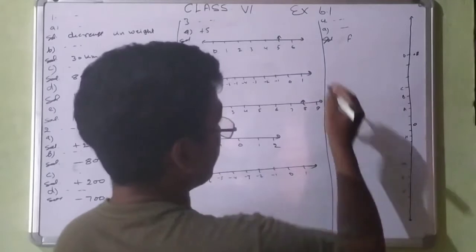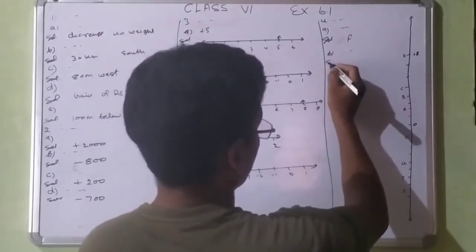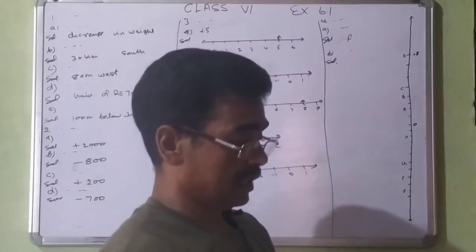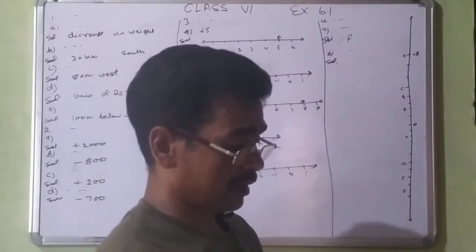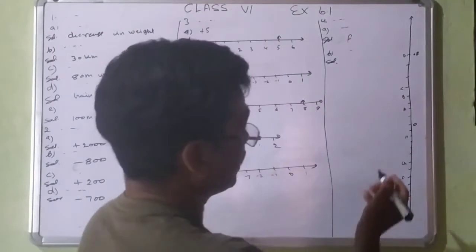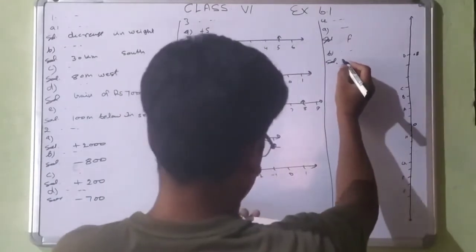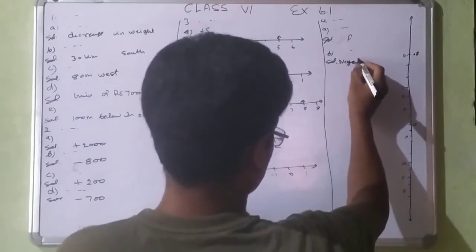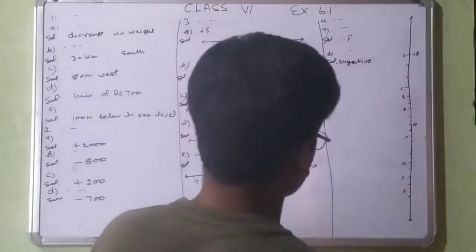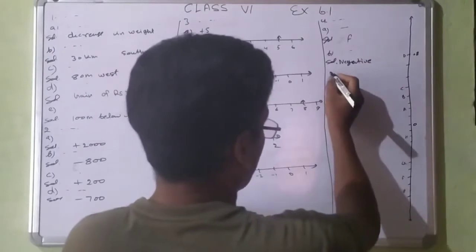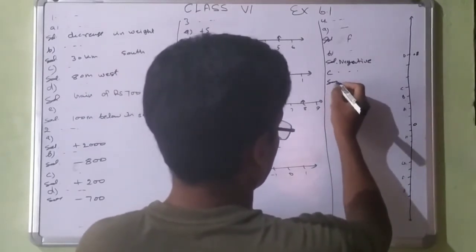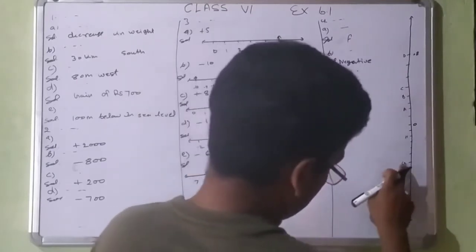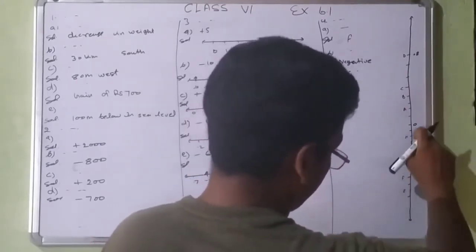B part: is point G a negative integer or a positive integer? See, G is a negative integer, because G is below the zero.